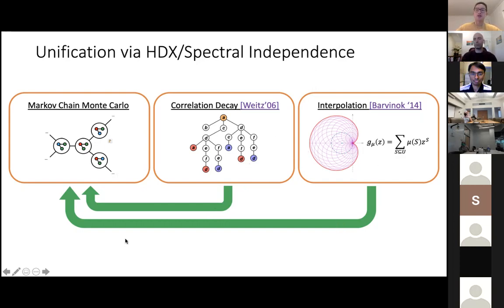So in a certain vague sense, this unifies all of these existing approaches to approximate sampling and counting. There are still lots of interesting questions about connections between these, perhaps in the converse directions. But if you just care about algorithms for sampling and counting, basically spectral independence unifies these three approaches in some sense.